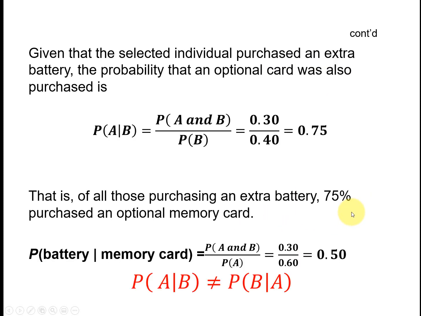So we were interested, given that the selected individual purchased an extra battery, in the probability an optional card was also purchased. Well, that's the probability that both were purchased given that a battery was purchased.